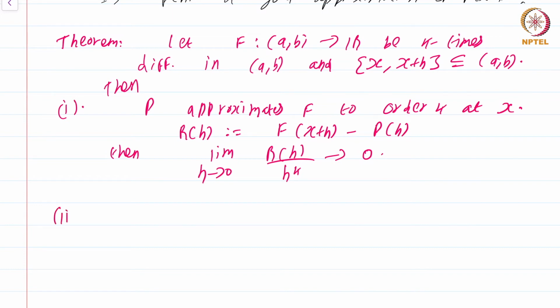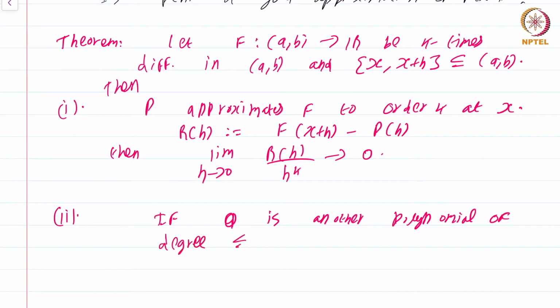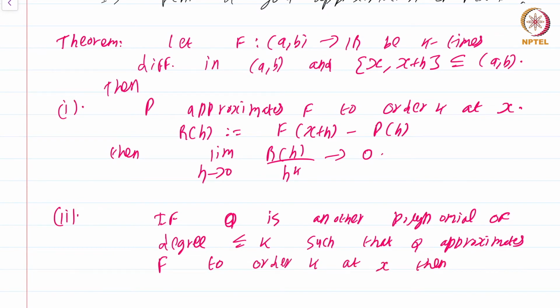Number two, if q is another polynomial of degree less than or equal to k, such that q approximates f to order k at x, then q is equal to p.